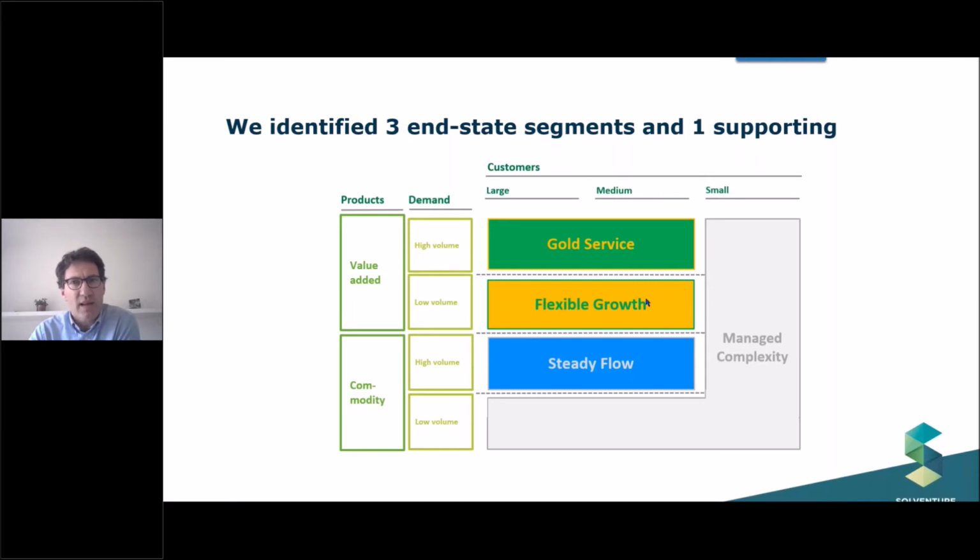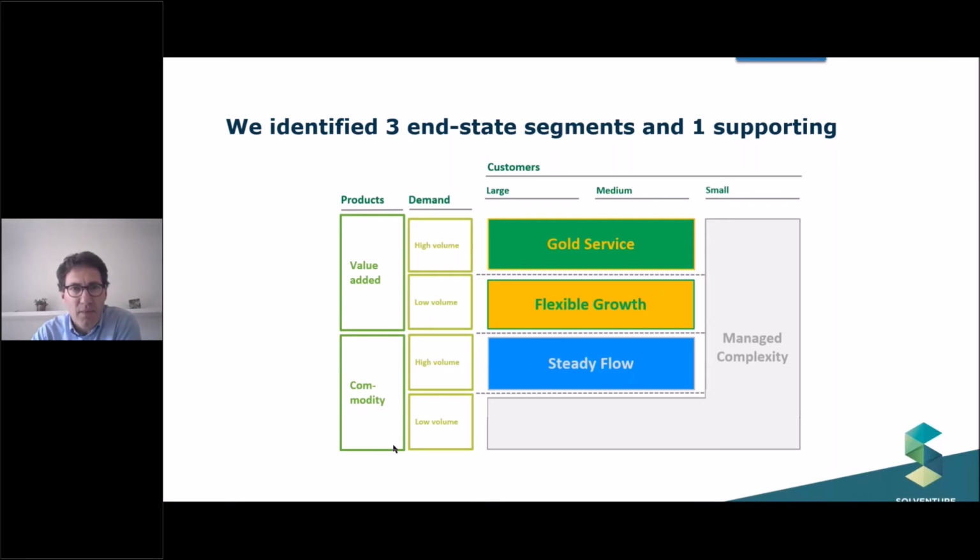There is another segment more playing on flexibility, where the portfolio is even much broader, with lower volume value-added SKUs. We also identified what we call the supporting segment. A lot of their customers were actually in this segment, but we identified it as something to manage, because those are certainly not the future.